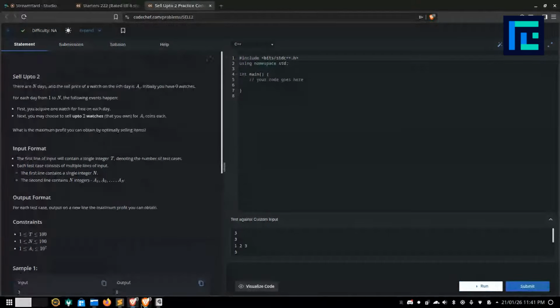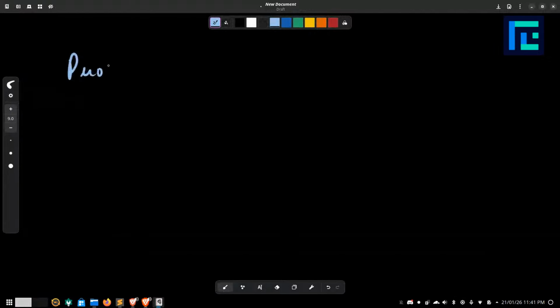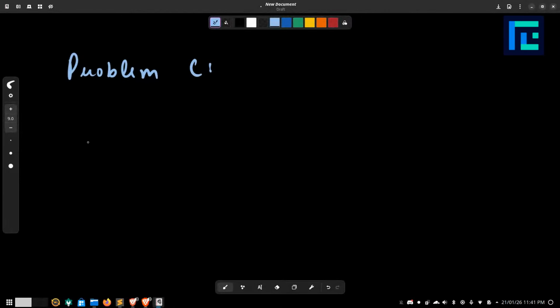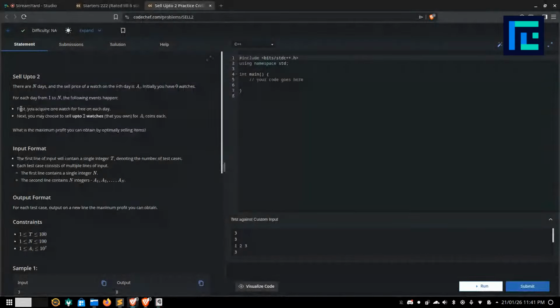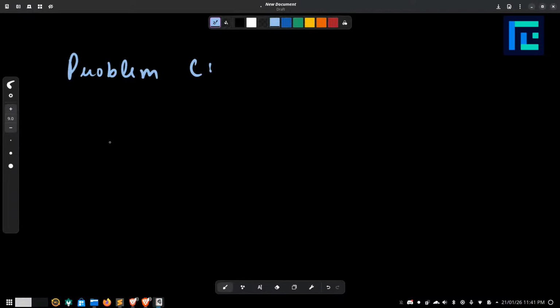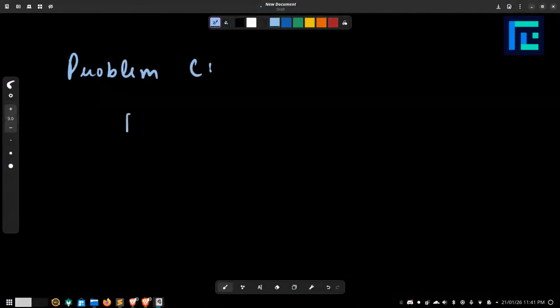So basically, for each day from 1 to n, two events happen.